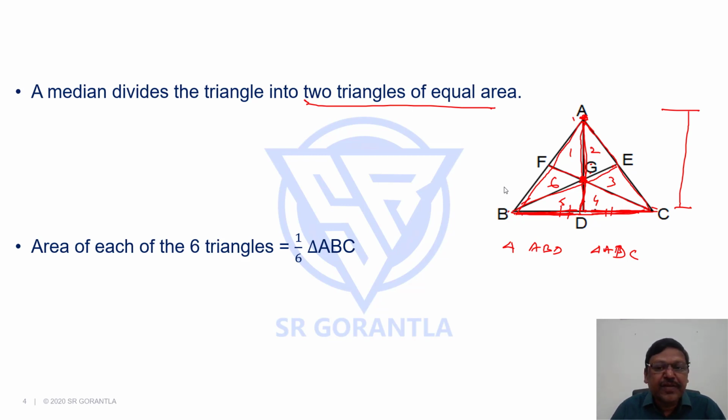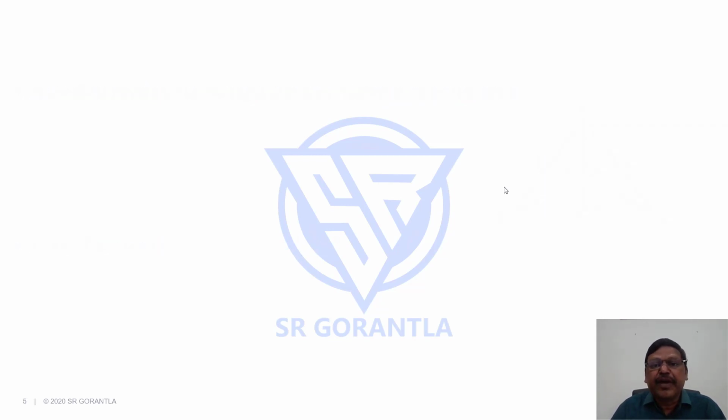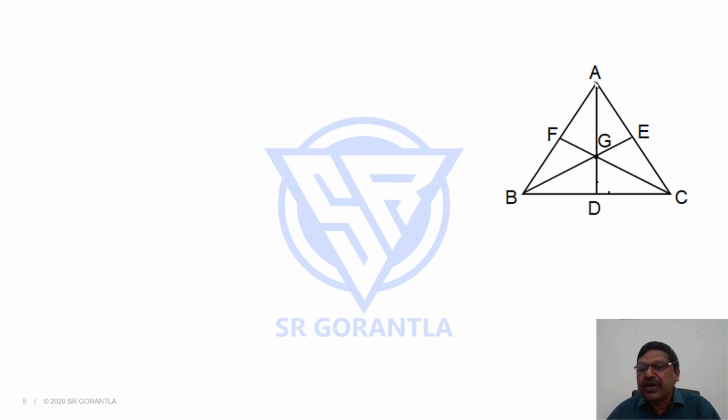The next point is, how do we find the length of the median? If I want to know AD's length, how do we find it in terms of the three sides? If AD is a median drawn to BC, there is a theorem called Apollonius Theorem which says: 2 into AD square, the median we are trying to find out, plus, it is drawn to which side?